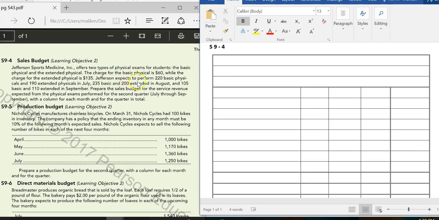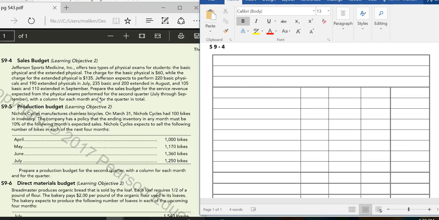Now, Jefferson expects to perform 220 basic physicals and 190 extended physicals in July, 235 basic and 200 extended in August, and 105 basic and 110 extended in September. So you see, these are their expectations, what they're going to do in these 3 months: July, August, September.